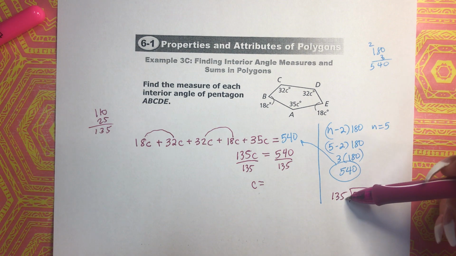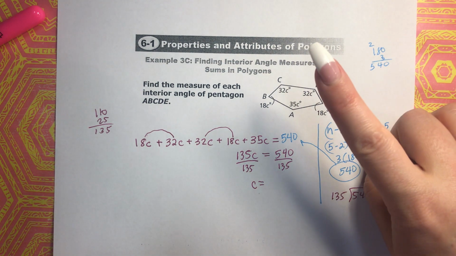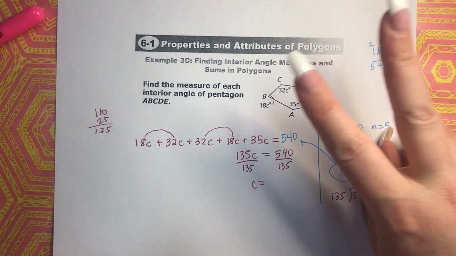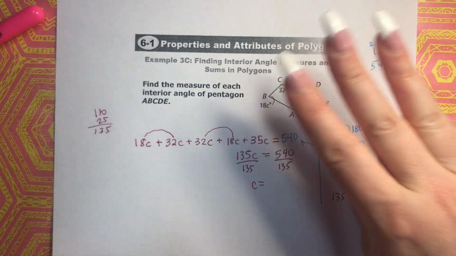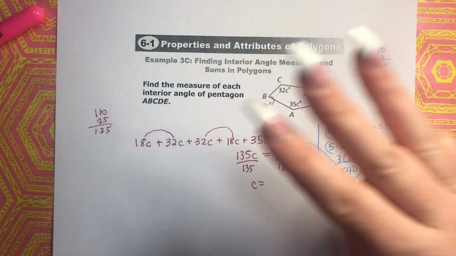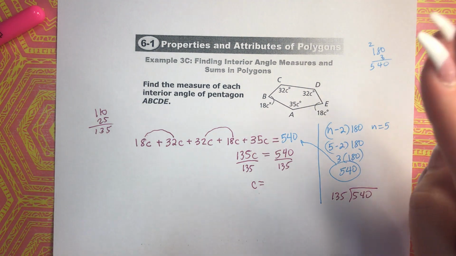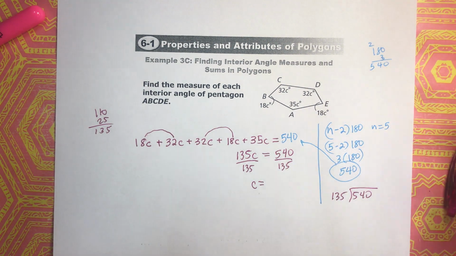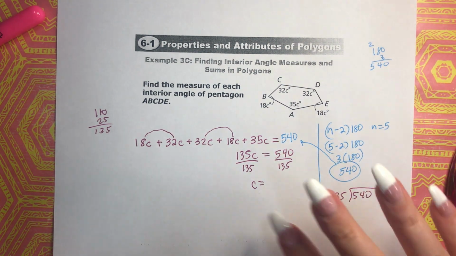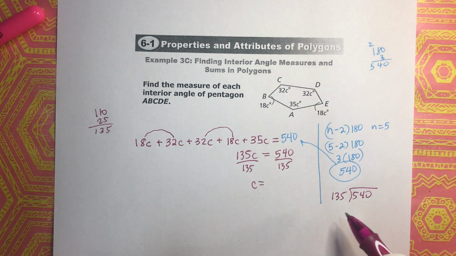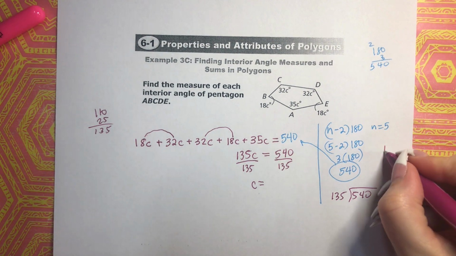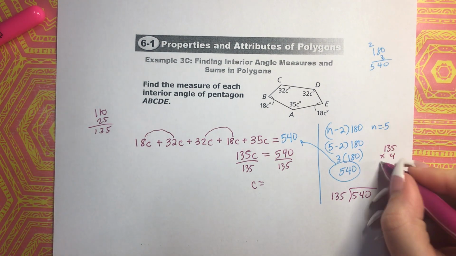So if this was 150, and then plus another 150 would be 300, and then another 150 would be 450, and then another one would be 600, which would be 4, but that's 150 and 135 is less than that. So I'm just going to figure out what 135 times 4 is.